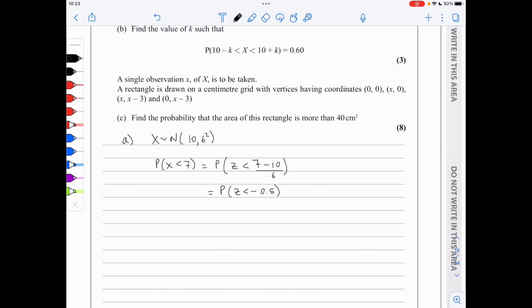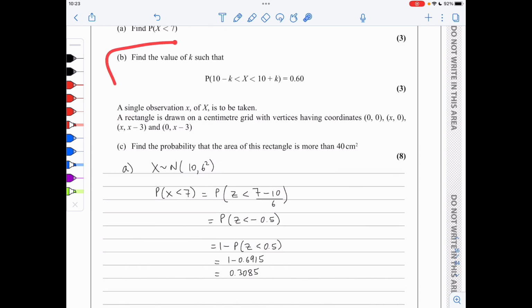Now, in order to use the normal tables, I need to express this as 1 minus the probability of z less than 0.5, which is 1 minus 0.6915, which leads to an answer of 0.3085.